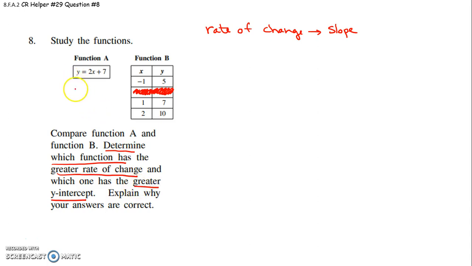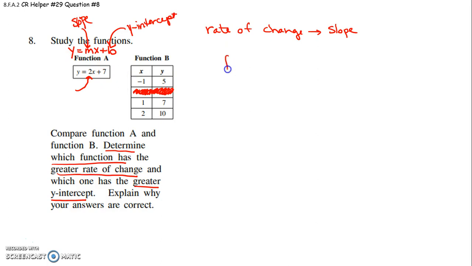All right. So function A, we can pull the slope and the y-intercept off pretty quickly. If it's already in the form y equals mx plus b, we know the number right in front of the x, the coefficient of x, will be your slope. And the constant that's added on is your y-intercept.